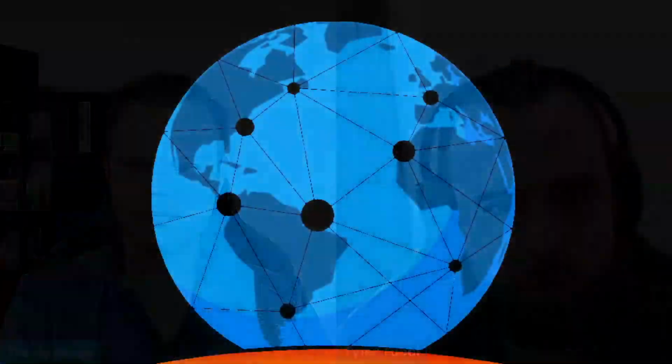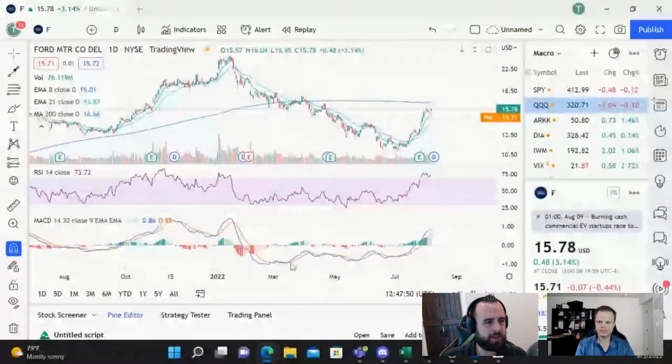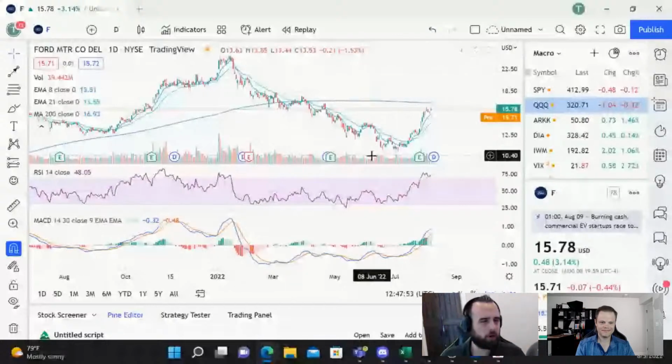I will give a shout out to TradingView for being cool about sharing charts and indicators. So here's Ford. The interesting thing about Ford is we're running into potentially some overhead supply in the form of the 200-day moving average.